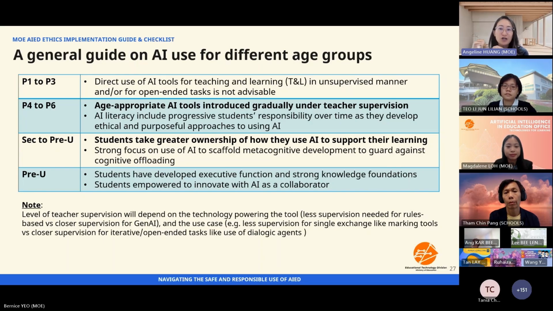But if it is a dialogic chatbot that you're asking the students to interact with, and you know that students can be very creative with what kind of prompts they give the chatbot, then you might really want to supervise the students, identify who are the students that you need to pay attention to, and which are the chat logs that are quite important for you to follow up after your lesson.